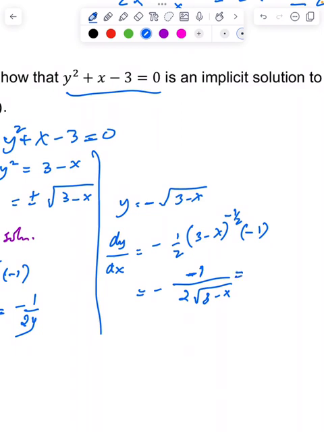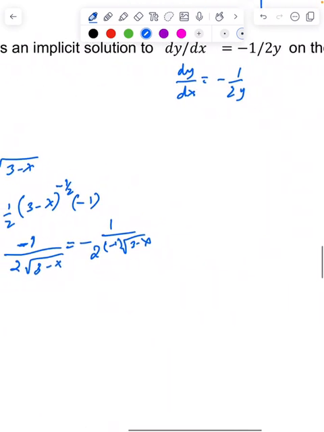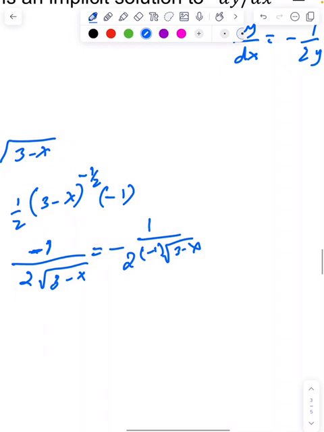So I have negative of 1 over 2 into negative the square root of 3 minus x. But this is our y. So we get negative 1 over 2y. So again, this is the solution.